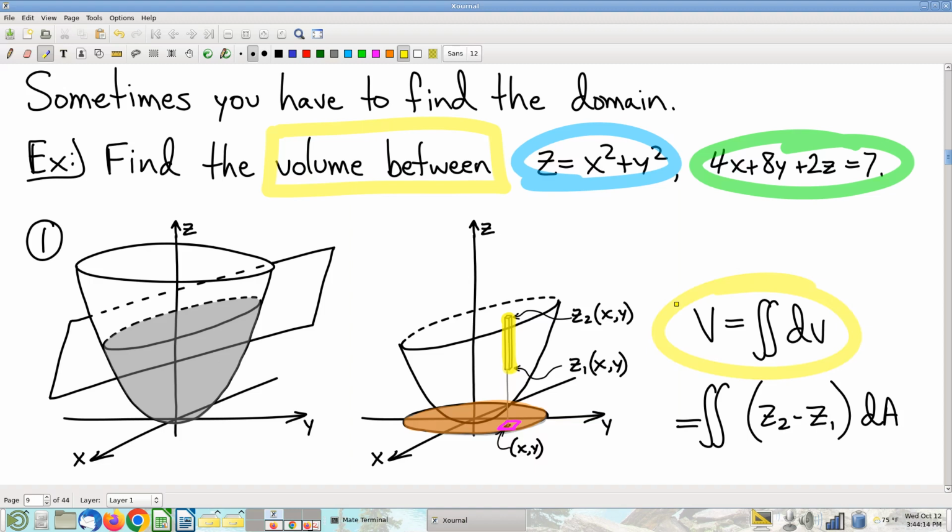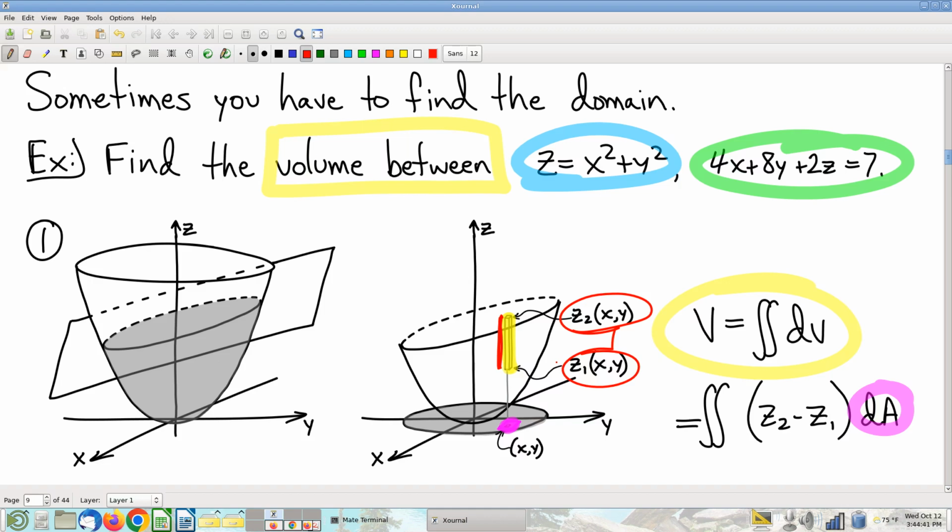How we doing? Furthermore, what is that volume? Well, the volume is the area of the base down there, dA, times this height. That height there is the difference of the z-coordinates. There's a z-coordinate at the top, if you will.